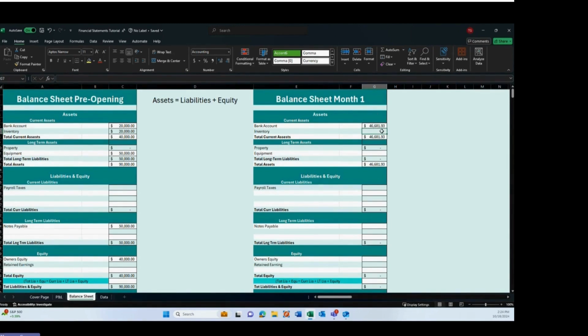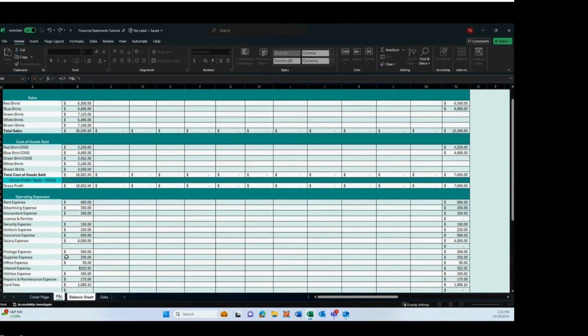Next, we have inventory. Now, we said over the course of the month, we sold our inventory. We sold $18,002.50 worth of it. So we have to subtract that number from our beginning balance. So we go here, equals beginning balance of inventory minus the total inventory that we sold.